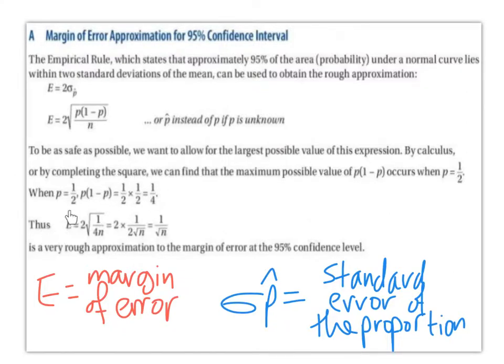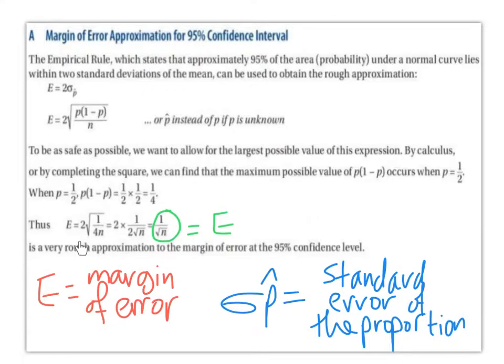Thus, E, the margin of error, is equal to twice the square root of 1 over 4n, which is equal to 2 times 1 over 2 root n, and the 2's cancel, leaving us with 1 over root n. So this is our formula for the margin of error.